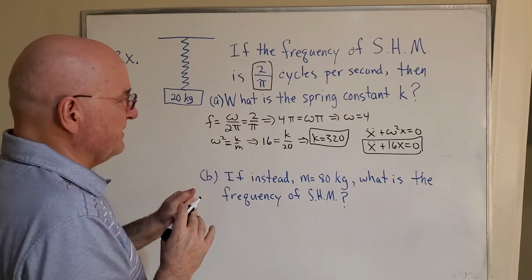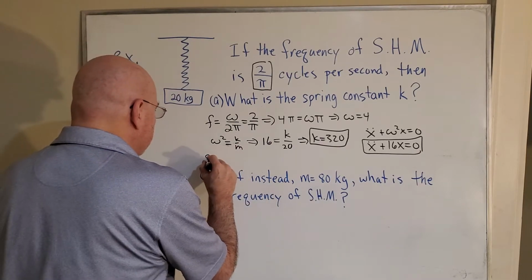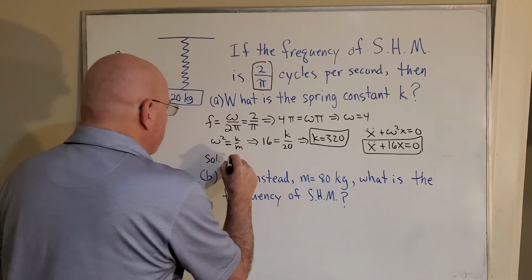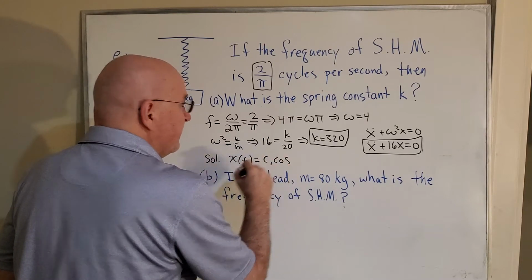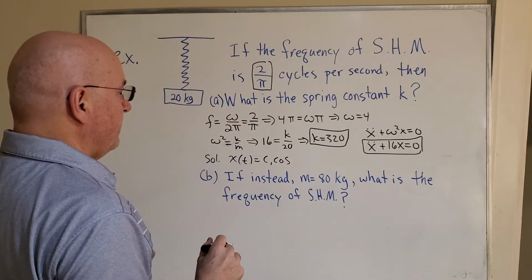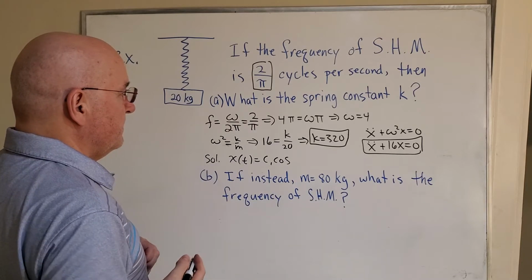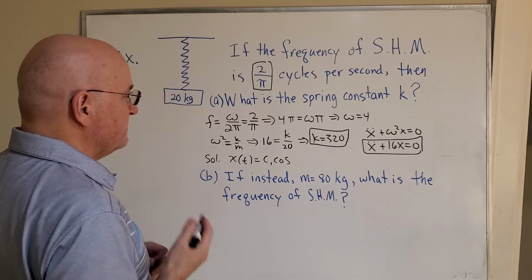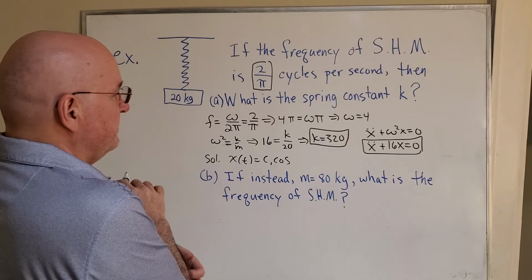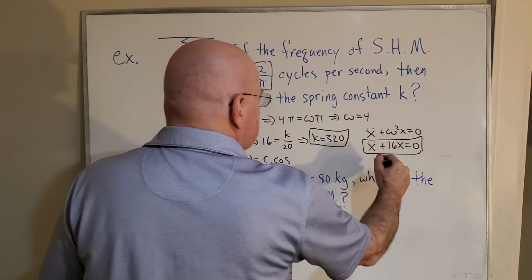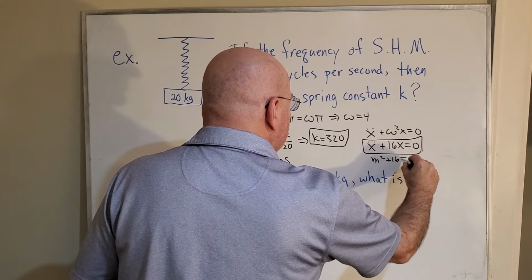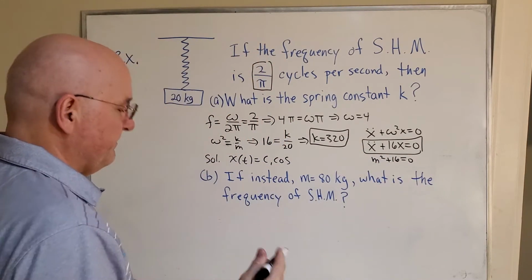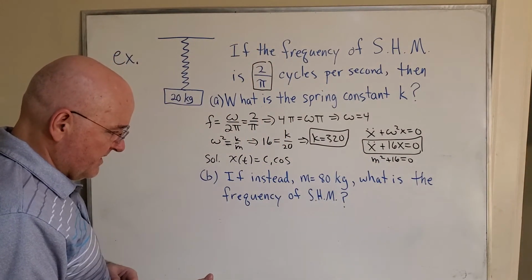That's the differential equation. The solution would be, let's see, x of t equals c1 cosine, let's see, the characteristic equation would be m squared plus 16 equals 0. So you're going to get plus and minus 4i.